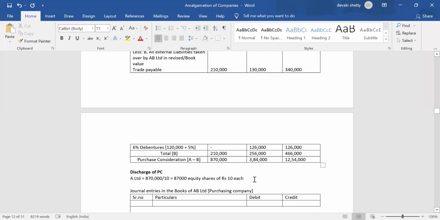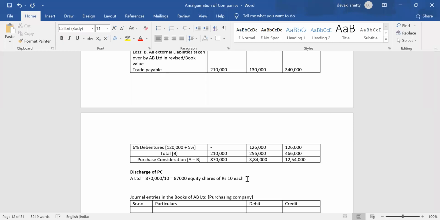The same way for B Limited. So B Limited PC is 3,84,000. Again divide by 10 rupees shares.